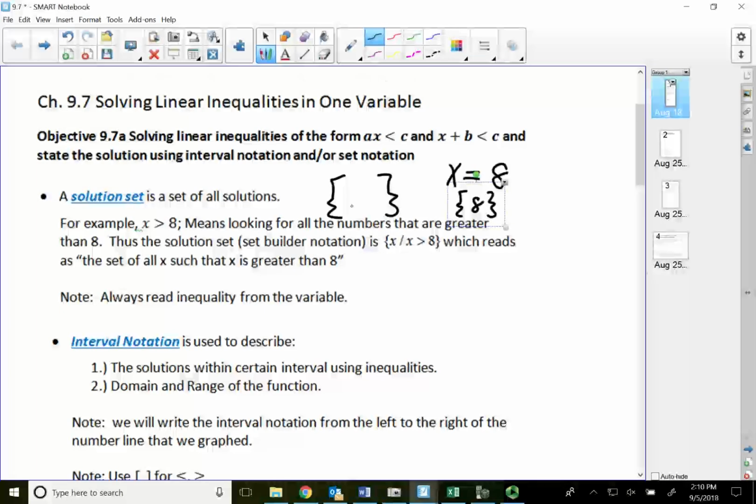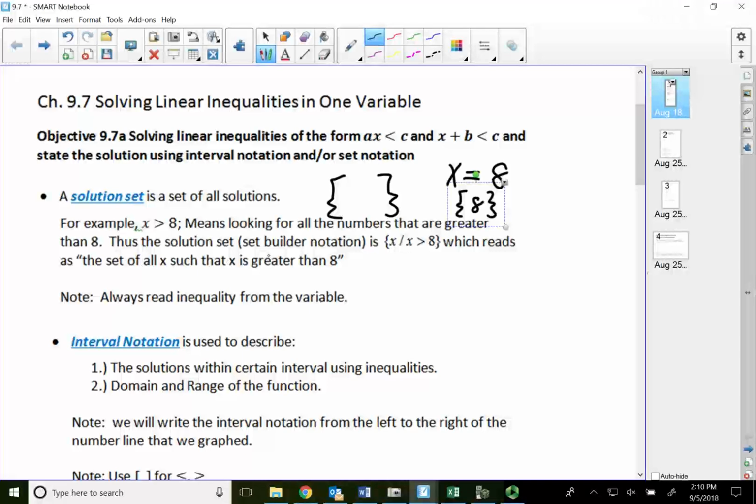That's the reason why we use a solution set, to include all those numbers that are bigger than 8, which is actually infinite, because there are infinite numbers that are greater than 8, like 8.1, 8.11, 9. Anything bigger than 8 will be in my solution set.